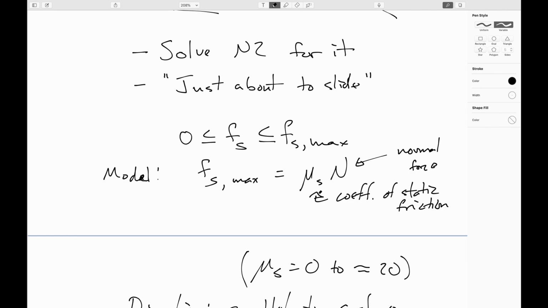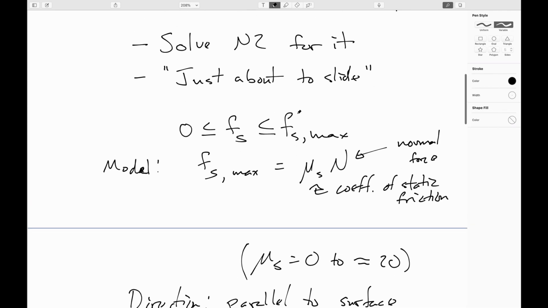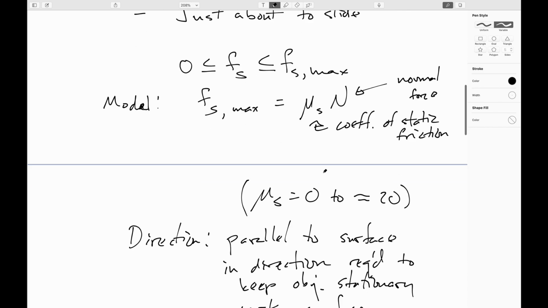You can then say that static friction happens to be equal to the coefficient of static friction times the normal force. But most of the time you'll have to solve Newton's second law for it. So let's do that example I was mentioning a little earlier.